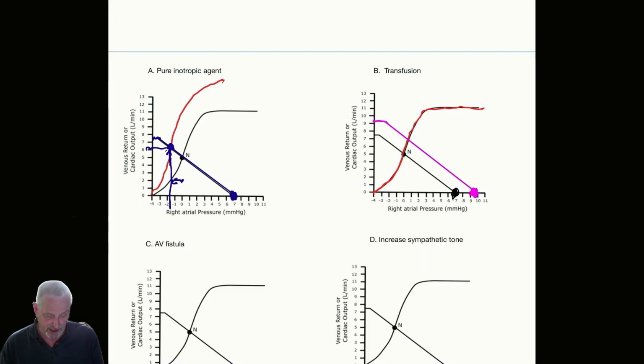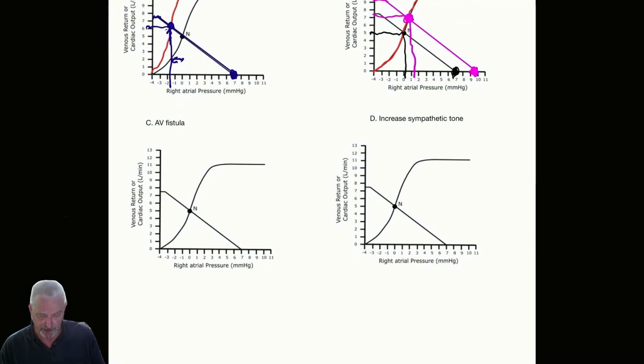And our new intersection point is going to be here. And so what we see, let's throw the originals in, is that we got an increase in cardiac output and an increase in right atrial pressure, central venous pressure, when we gave the patient a transfusion.